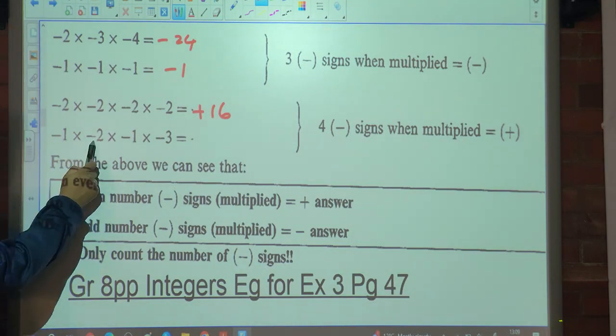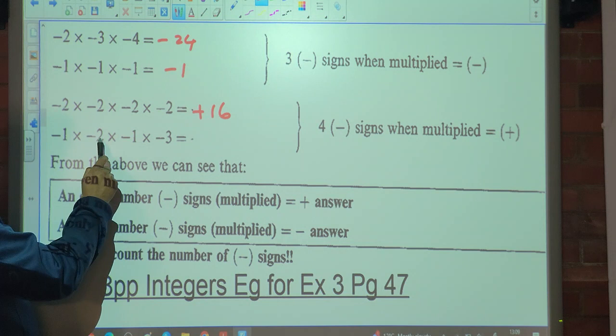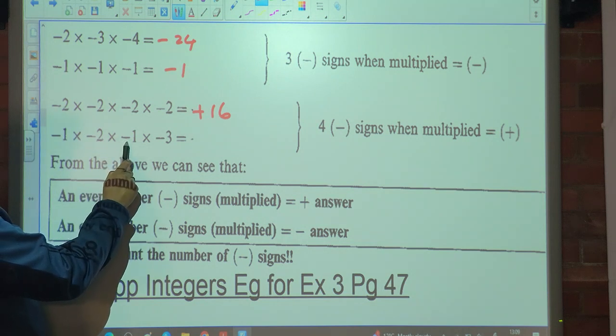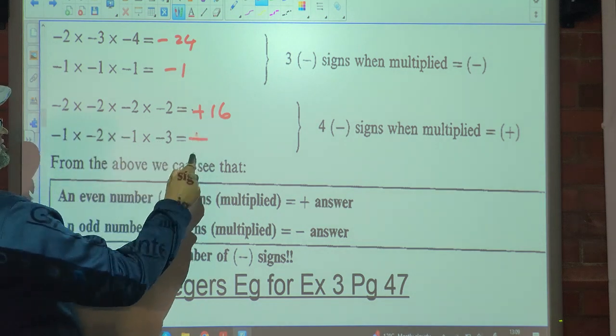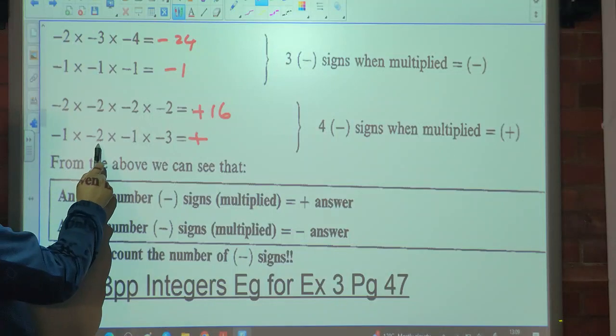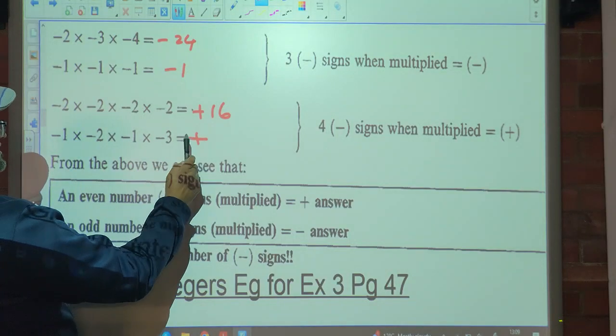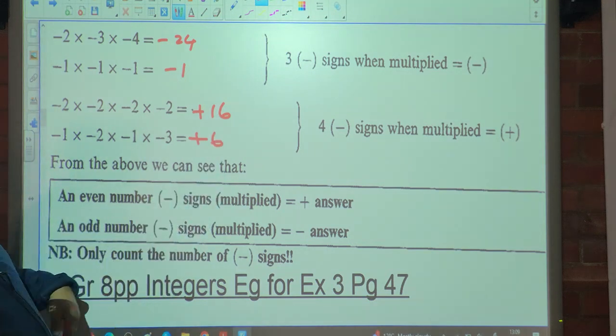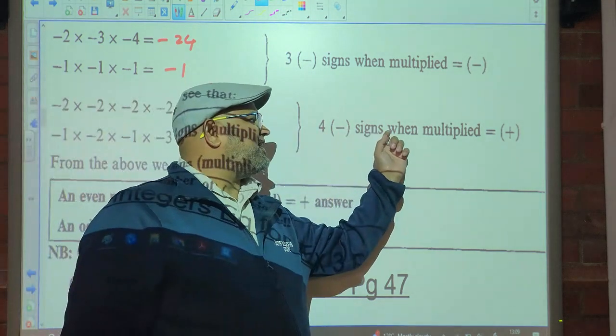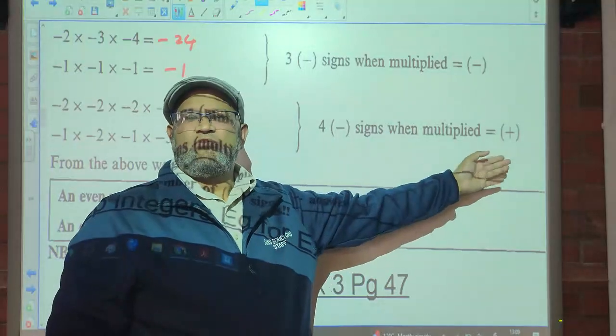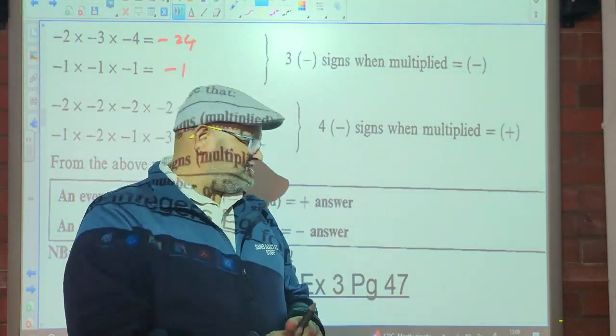What's negative times negative? Positive. And that positive times negative? Negative. And negative times negative? Positive. 1 times 2? 2. And 2 times 1? And 2 times 3? In the note we made here, we said 4 negative signs when multiplied is positive. You guys understand?